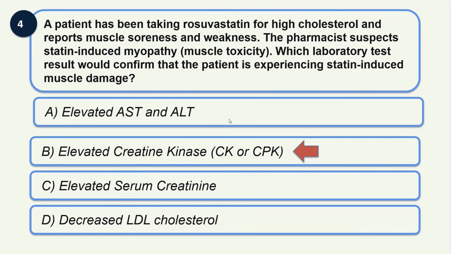Statins can also elevate liver enzymes such as AST and ALT, and of course they also decrease cholesterol. But the question is specifically asking which test is used for diagnosis of statin-induced myopathy.